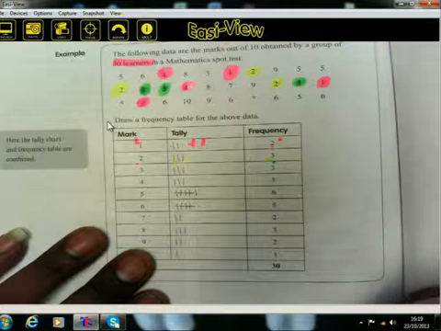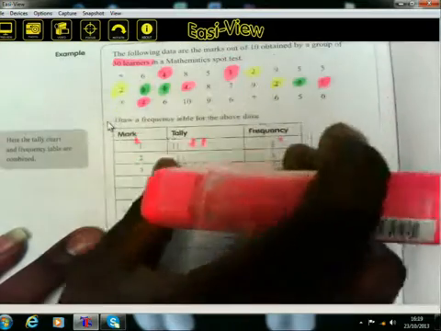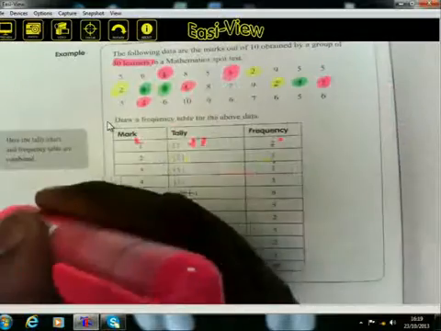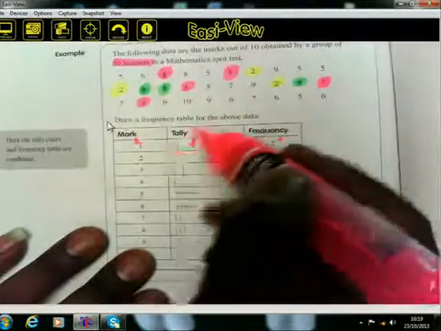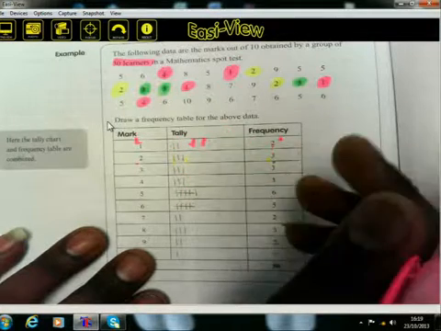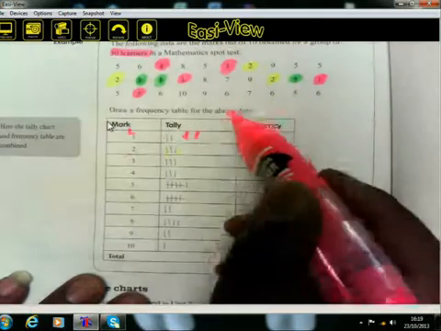That's the easiest way, even if you don't rearrange them. If I rearranged them, it would be simple for me. I would just count them 1, 2, 3. Now when I'm making these dots, I'm making sure that I don't leave any number out. And it will also show me if I have counted them correctly.